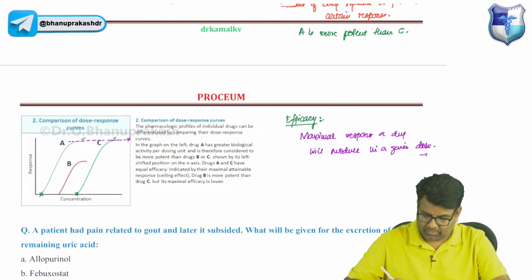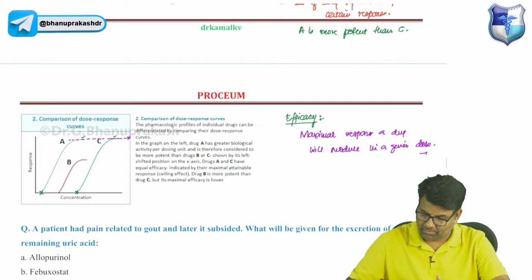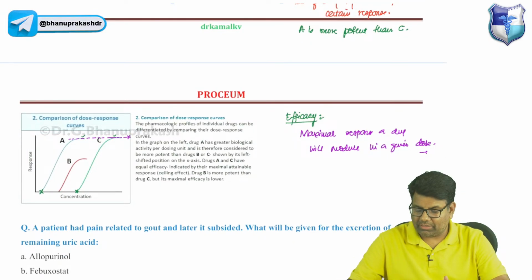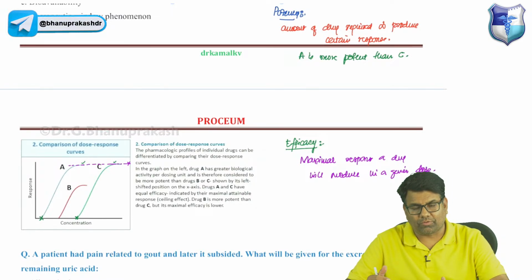So if you are giving the same dose, you look at the height of the curve, and that is known as efficacy. So maximum response is efficacy, and the amount or dose of drug needed to get that particular response is potency.